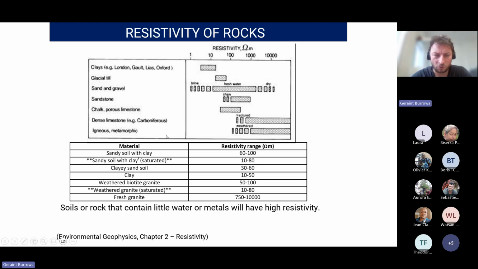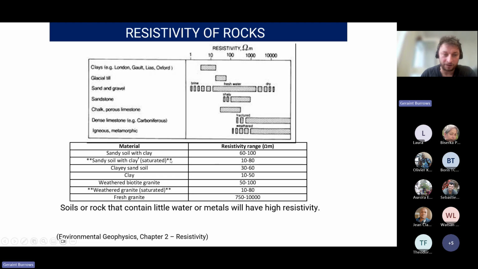Igneous rocks and metamorphic rocks also have quite a large range of different resistivities based on their weathering profiles, with obviously the more they've been weathered, the more conductive they are. So here's a different table showing similar sorts of resistivity ranges. You can see that there's a large variety and variability.